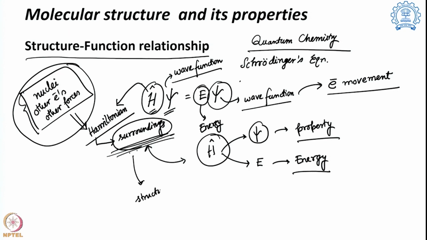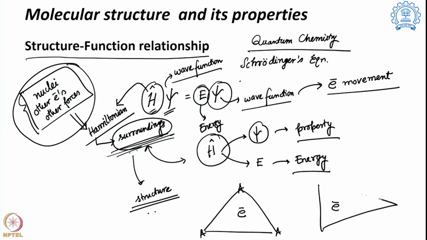description of its structure. Just imagine I am talking about an electron where there are 3 nuclei in a regular triangle shape, versus the same electron is shaped like this. You can say situation 1 versus situation 2 is not exactly the same.